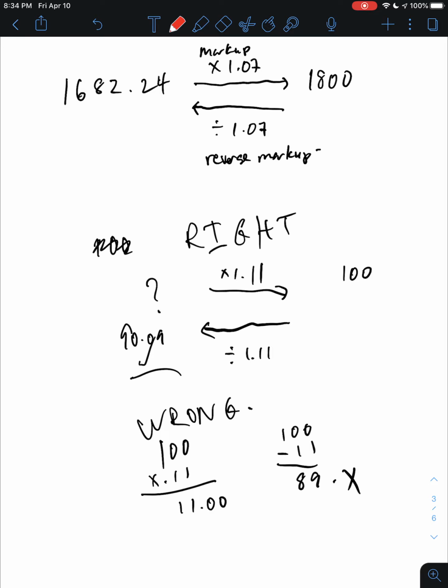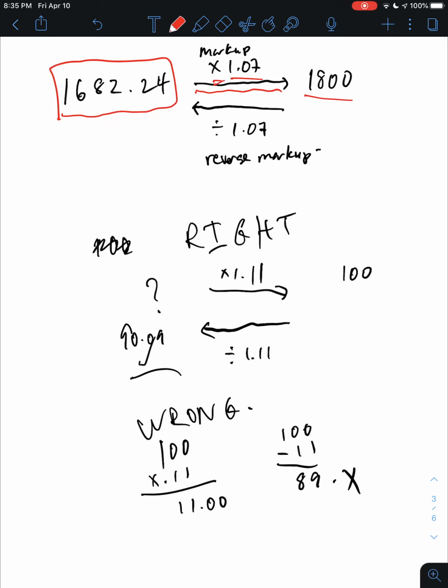Let's summarize what happened here. I started with an amount, 1682.24. I performed the single-step markup, which is multiplying by 1.07. That gives me $1,800. If I want to reverse that process, I have to do the inverse operation of the multiplication. The inverse of multiplication is division, and it's the same number.